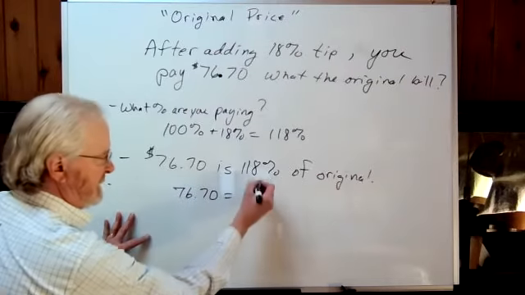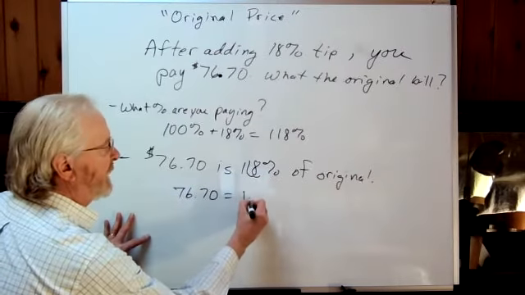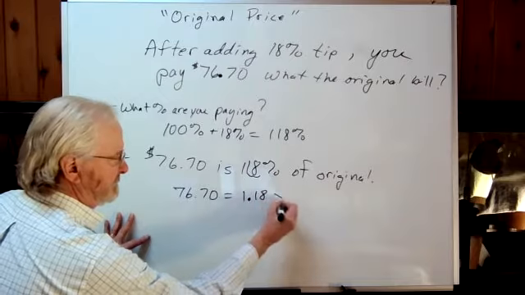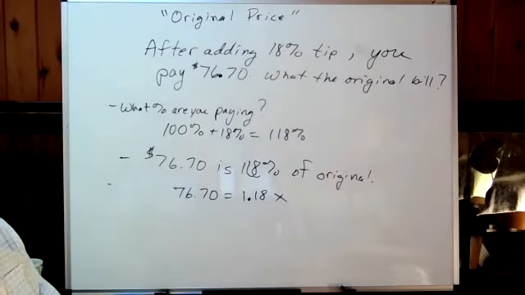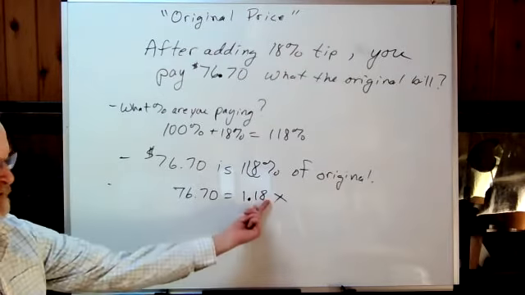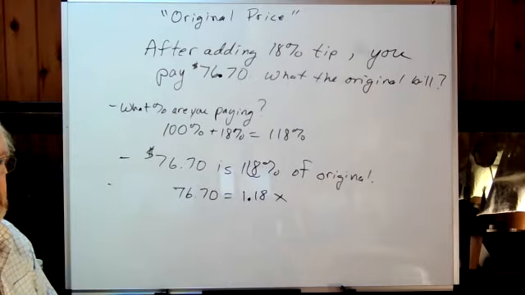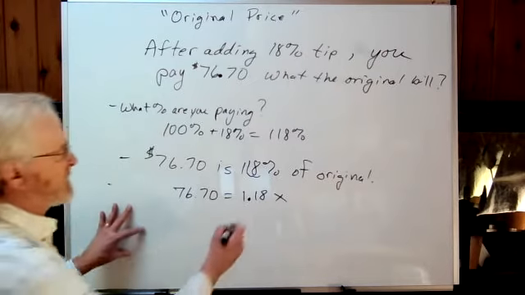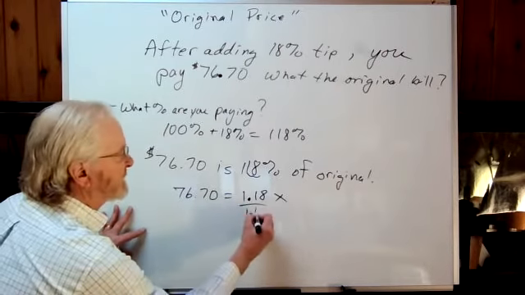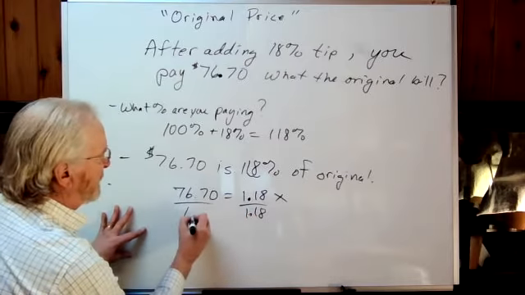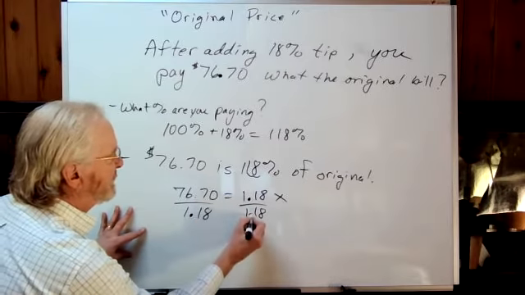Two places, right? 1.18x. There's my 18%, right? That's the decimal part. Now I'm dividing by something bigger than one, so that's how I get something smaller over here. Right?